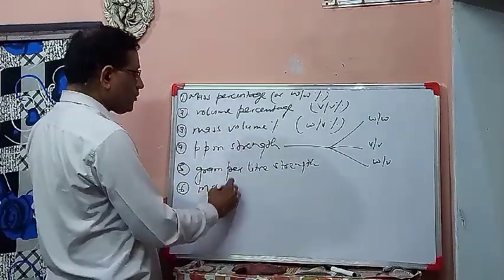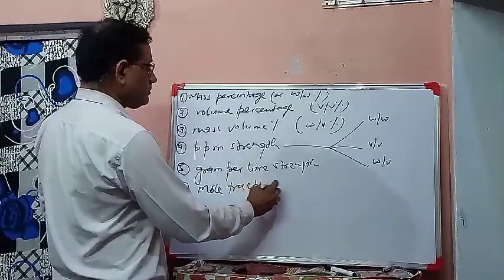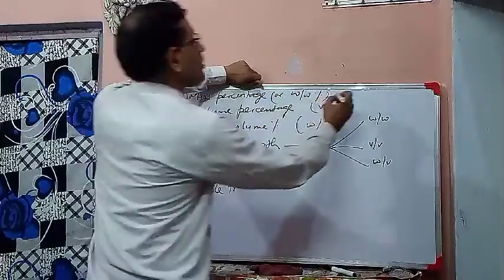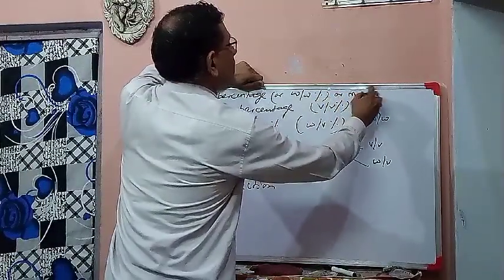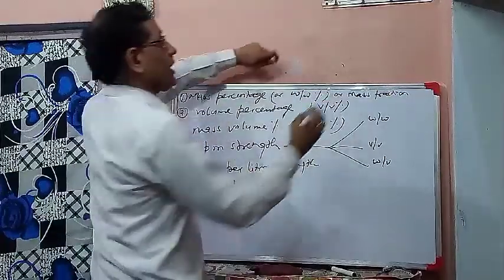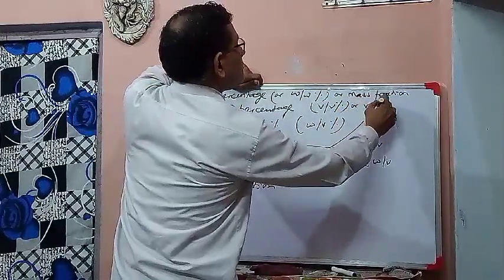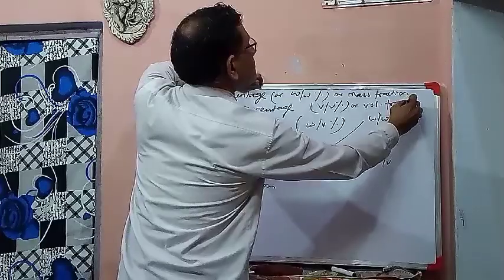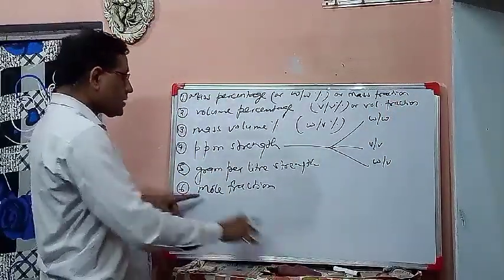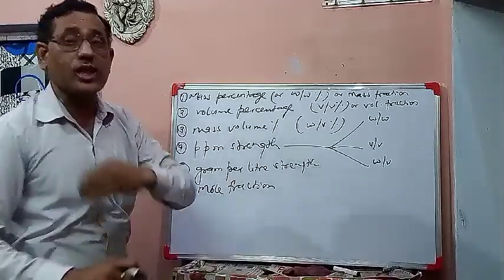Next is the mole fraction. This mass percentage is also called mass fraction, and it is called volume fraction. This is the mole fraction. Its complete name is molar fraction.